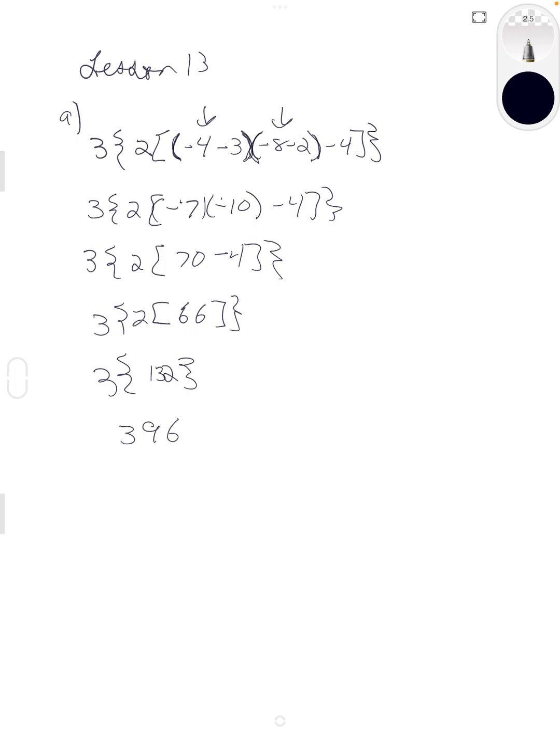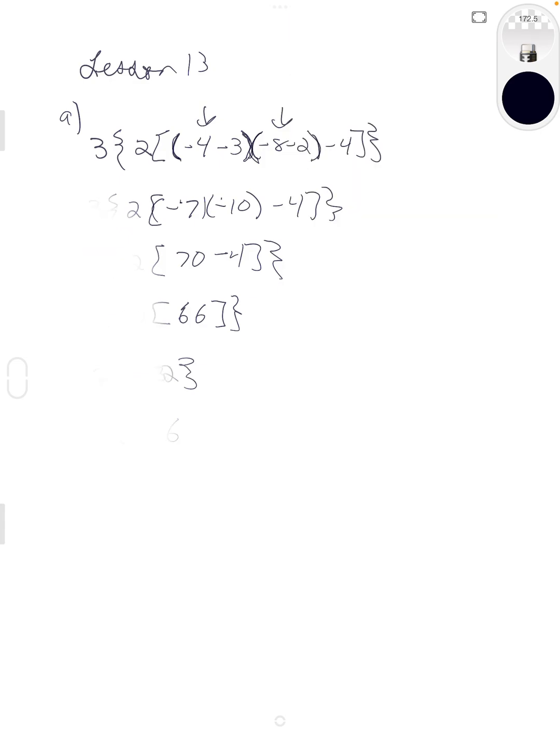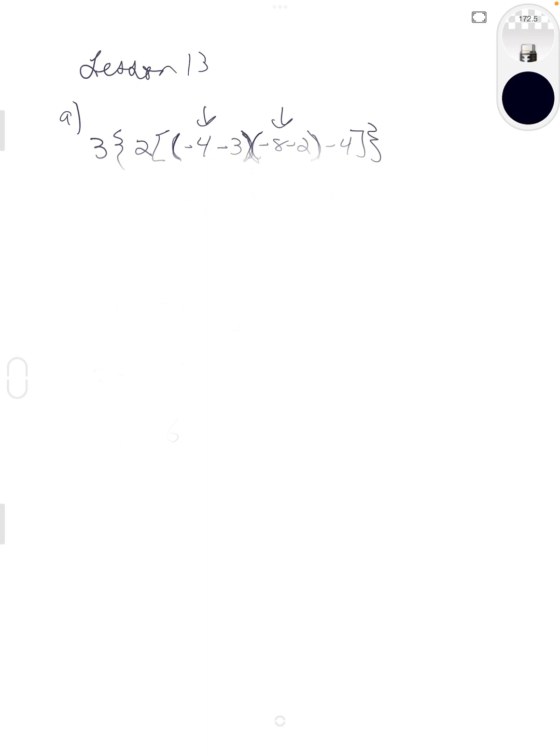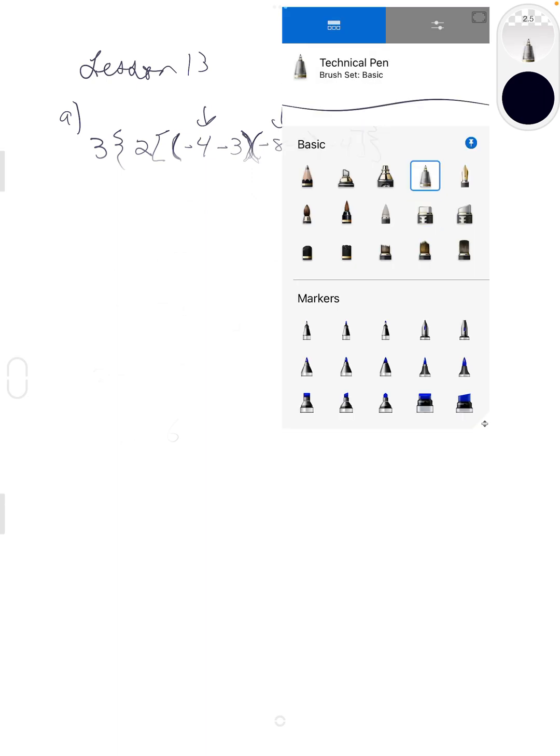I'm going to do this a little bit different, but the exact same problem. And let's see if this makes sense to you. Erase this part, and just going to attack it a little bit different. And go back to my pen. All right.